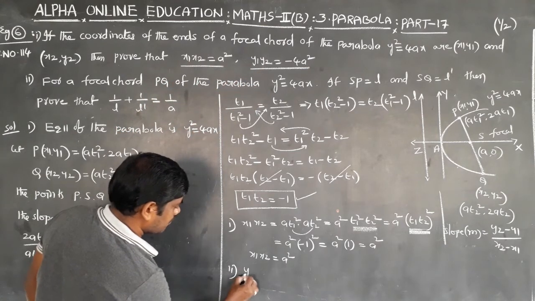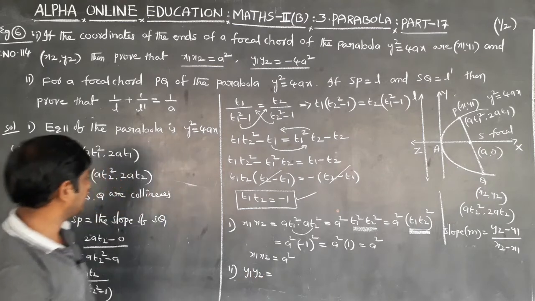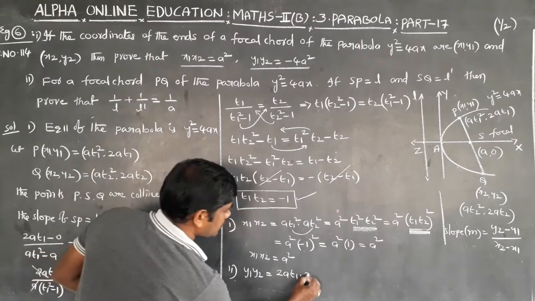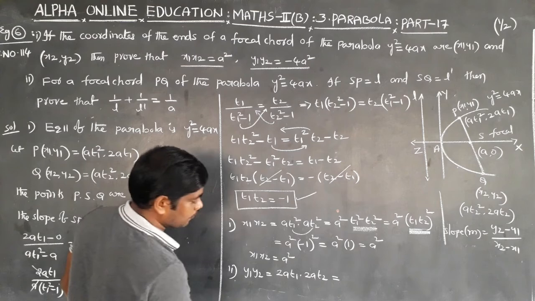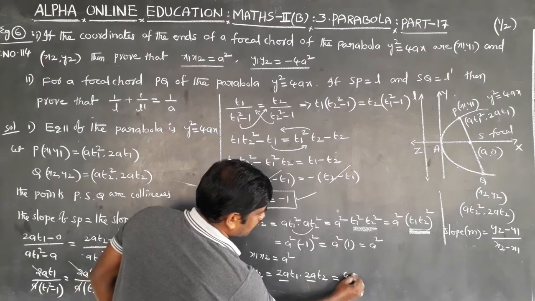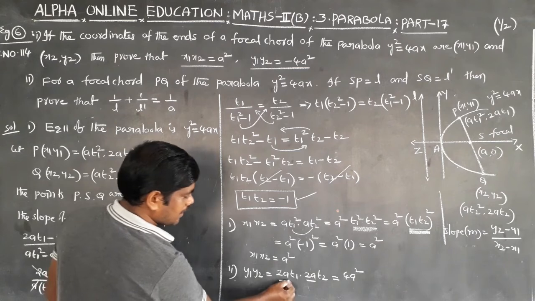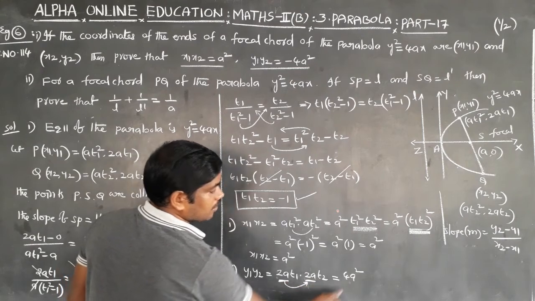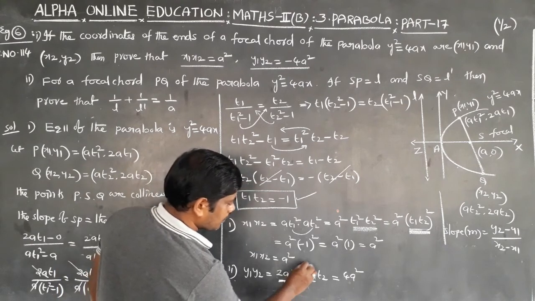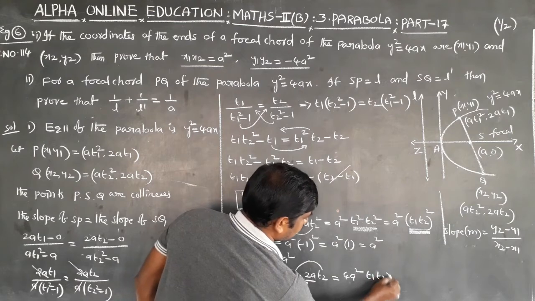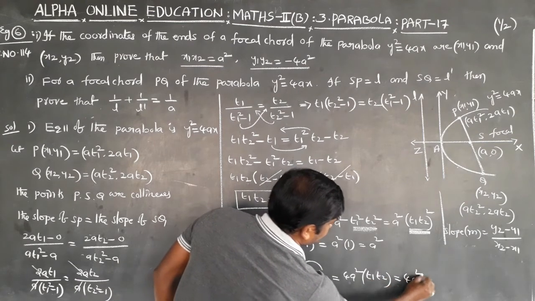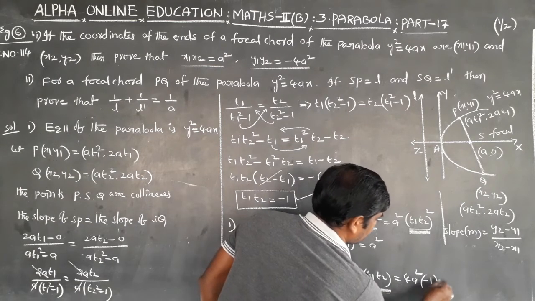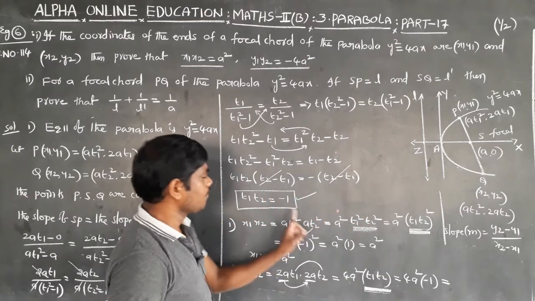Next one, y1 y2. y1 is equal to 2a t1, y2 is equal to 2a t2. 2a into 2a, 2 2s are 4, a into a is a square, remaining t1 t2. 4a square into t1 t2, substituting t1 t2 is equal to minus 1.